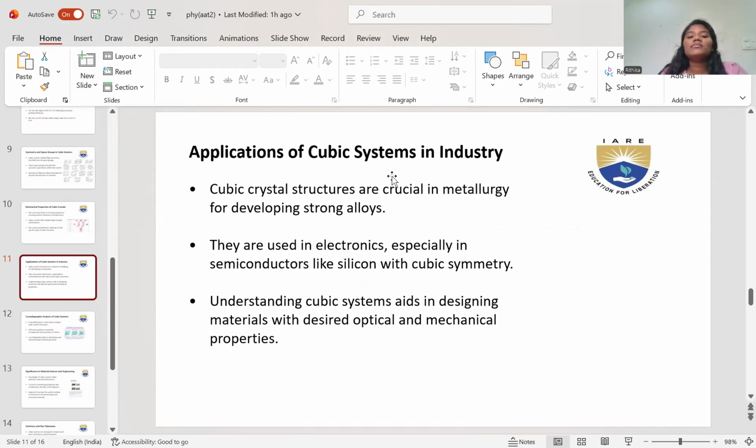Cubic crystal structures are crucial in metallurgy for developing strong alloys. They are used in electronics, especially in semiconductors like silicon with cubic symmetry. Understanding cubic systems aids in designing materials with optimal properties.